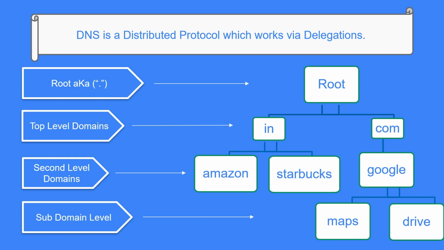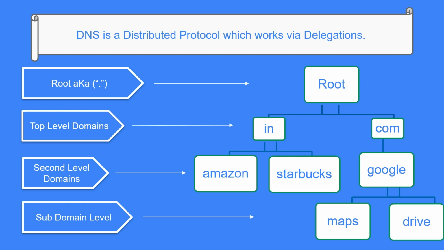So that is how the parsing happens in the DNS system, starting from the top. It's from right to left, and we normally write from left to right, so it's the other way around. So root is the top level, root is above the top level domain, then the top level domain is these com and in domains, then there will be a second level domain which are the famous ones, Amazon, Starbucks, Google.